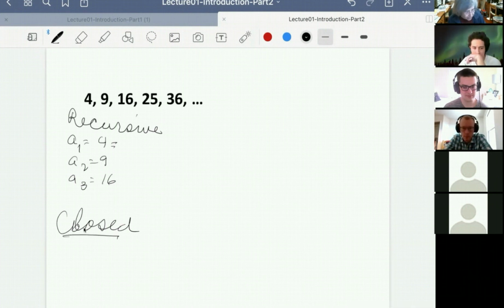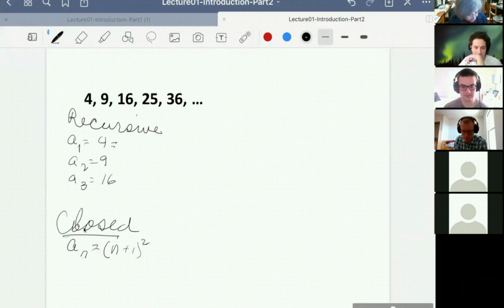Well, this one is more by observation. We can say A sub n is equal to n plus 1 squared. And you can check that and look at it.